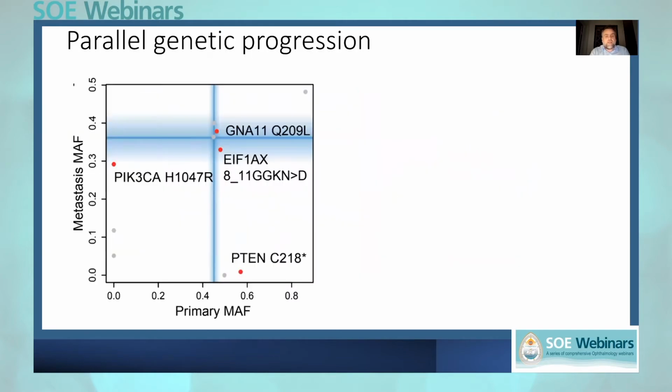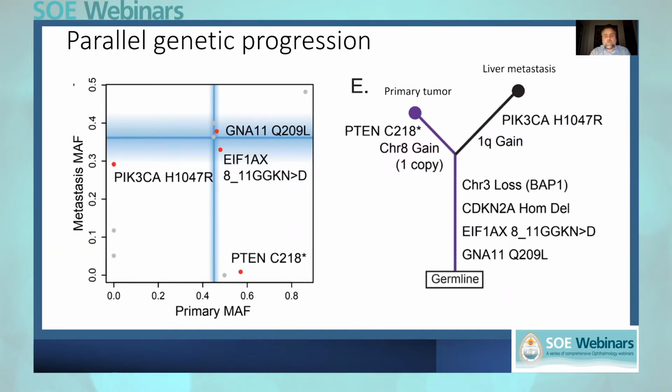Now let's go back to the patients we analyzed, where we could show a mutational map. And from this map, it was possible to draw a phylogenetic tree, where we see mutations unique for the primary and unique for the liver metastasis, indicating that this took place after the metastatic seeding.